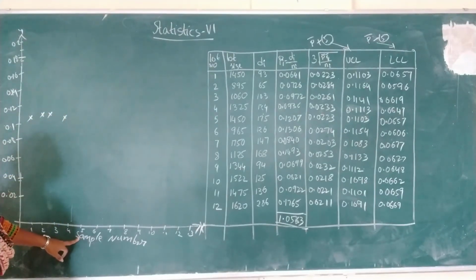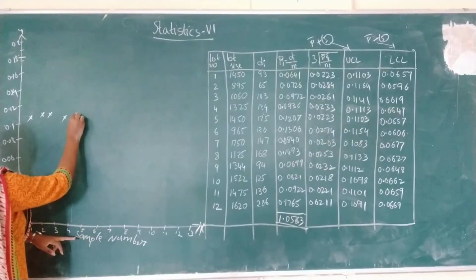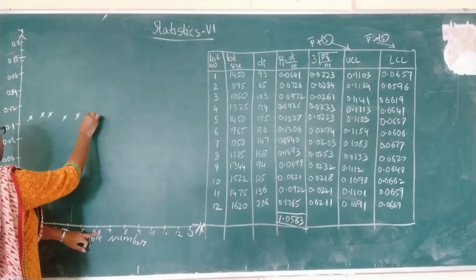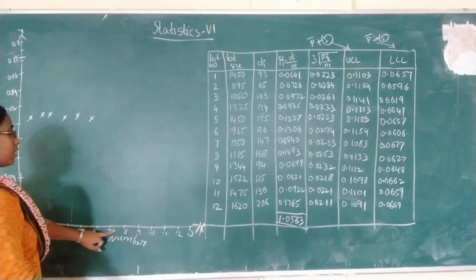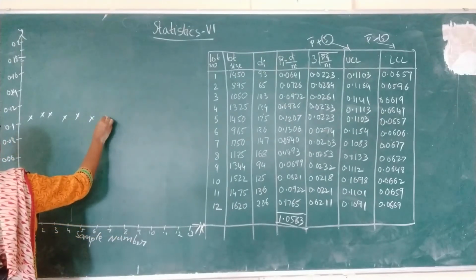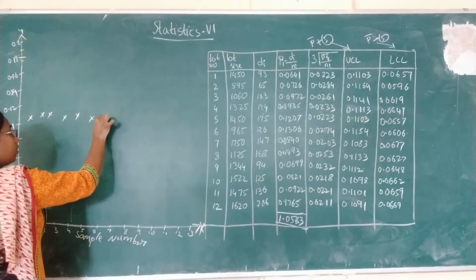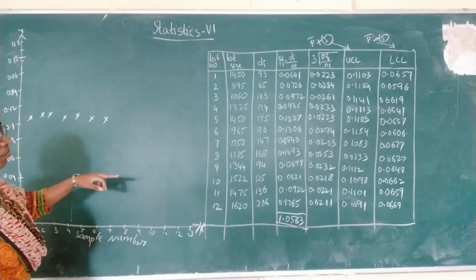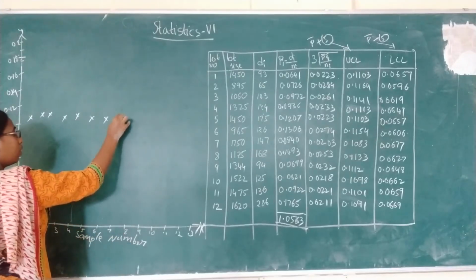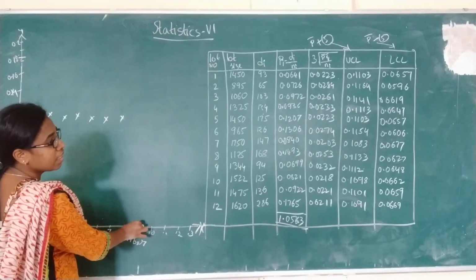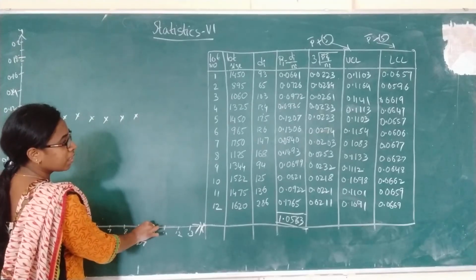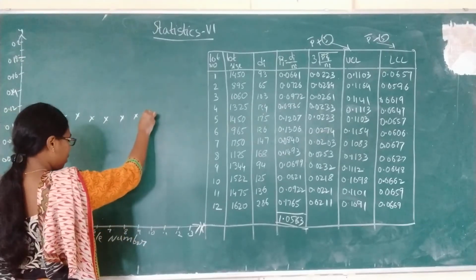Next, 0.111, the same value here also. The sixth sample is also 0.11 only. For the seventh sample, 0.10. Exactly from 0.1 you can draw. Eighth sample, 0.11. Ninth sample is 0.11. Tenth sample is 0.11.